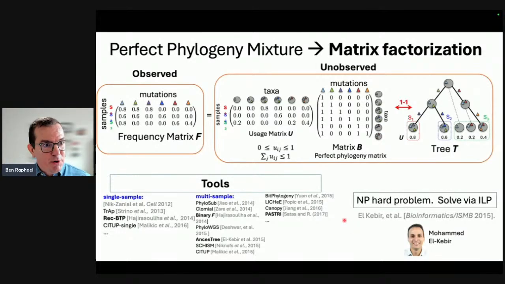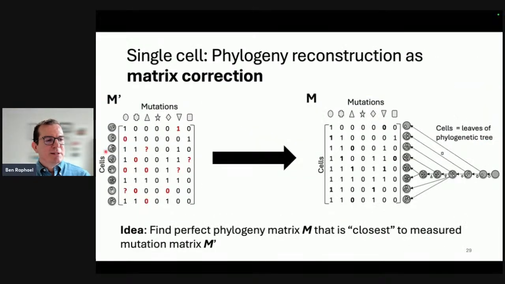All right, so in bulk, we have this problem of matrix factorization for the perfect phylogeny matrix. In single cell, where we have errors and missing data, we can now pose that as the problem of matrix correction. So we try to take our mutation matrix with error and find the perfect phylogeny matrix that's closest to our measured matrix.